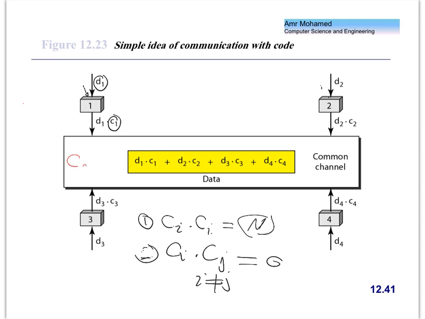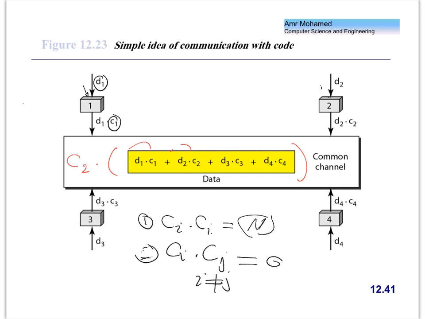So this node will take C2 and multiply it by the composite signal. This is the composite signal, which has all the coded languages lumped together and sent on the channel, because we're saying that this is at the same time at the same frequency.